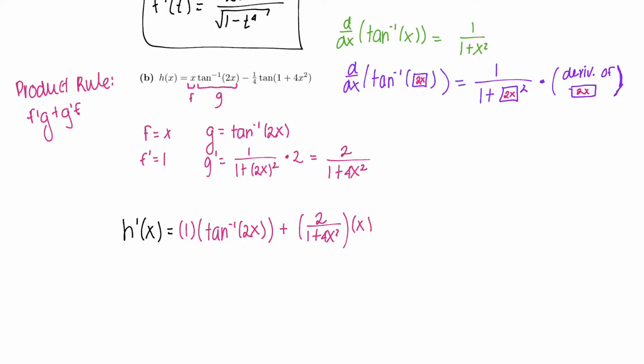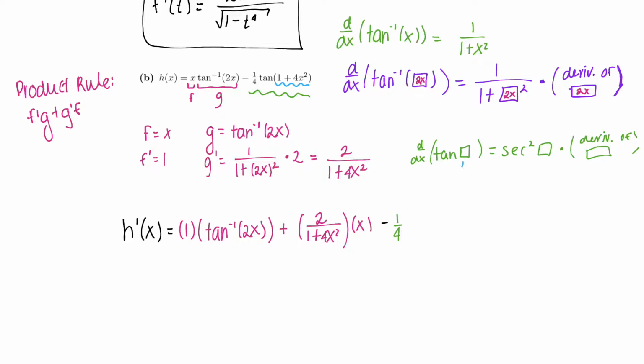And then for the final part, we have an inside and an outside. So minus the derivative of the outside. The derivative of tangent is secant squared, so the secant squared of whatever, times the derivative of that inside part.